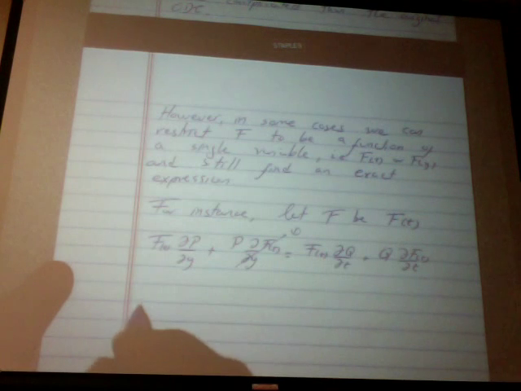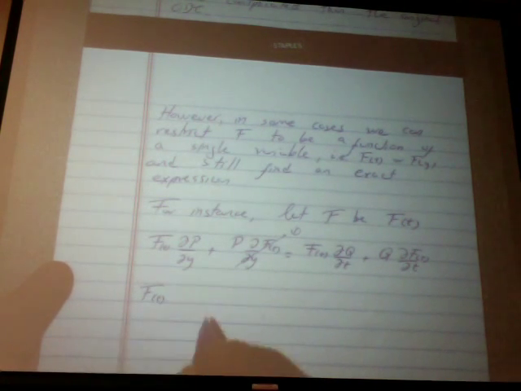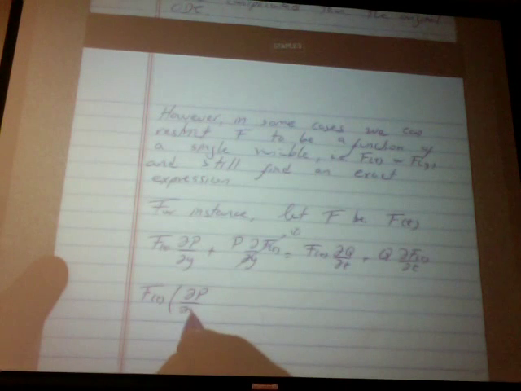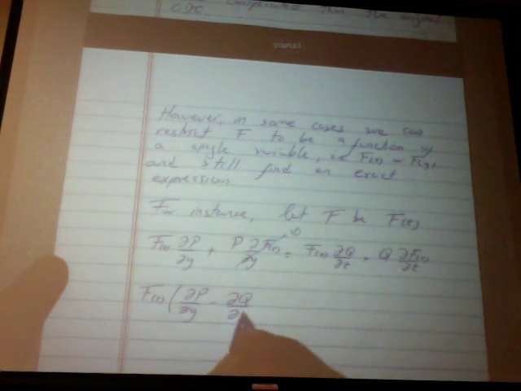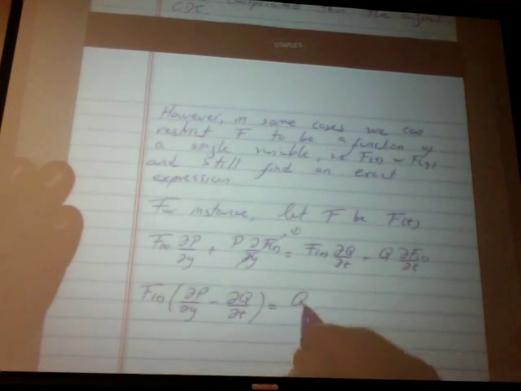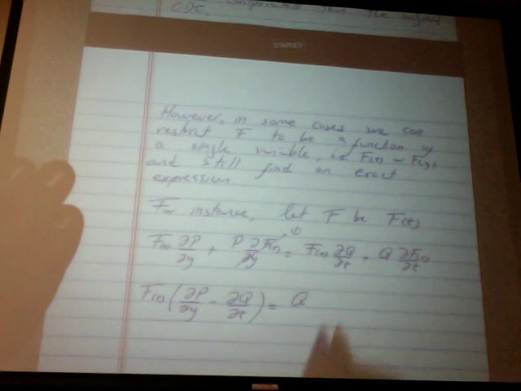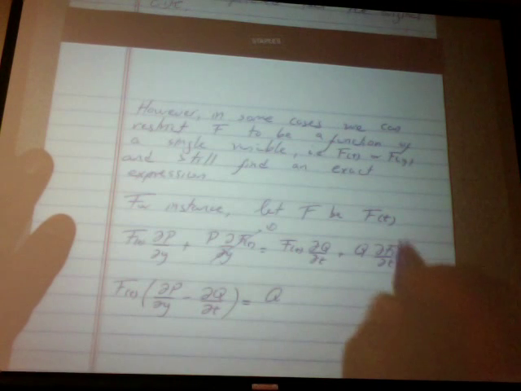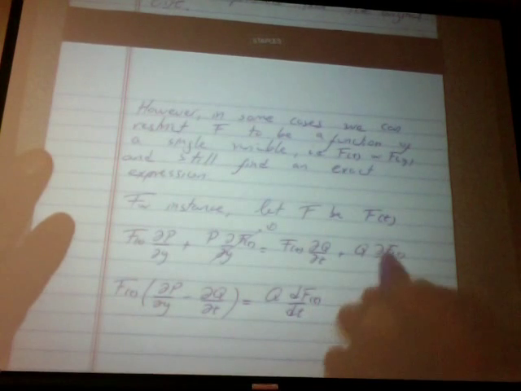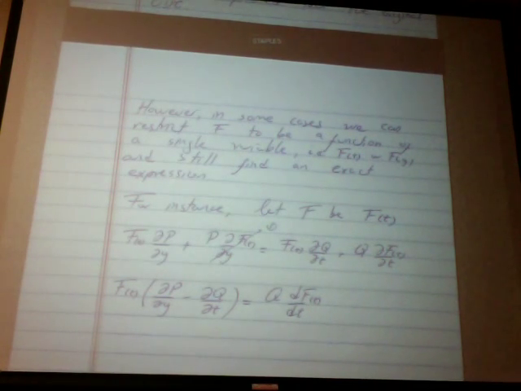So now we can just take f of t as a common factor. That would be dP/dy minus dQ/dt is equal to Q times df/dt. But the partial derivative of f with respect to t is now a total derivative of f with respect to t, because f is just a function of time. So partial derivative doesn't have any meaning.